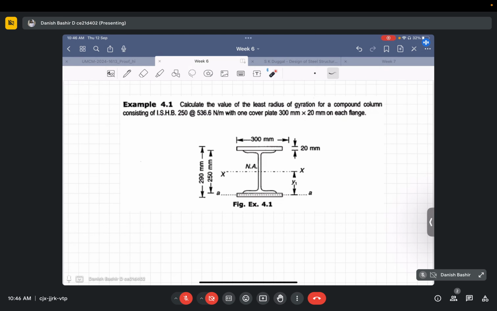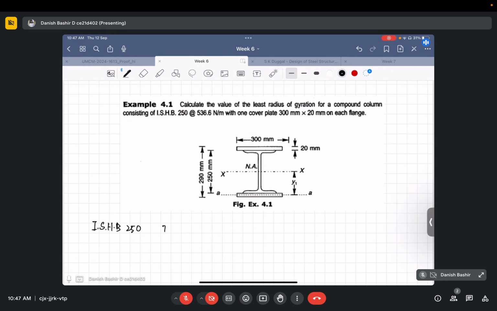So first of all, we will refer to this figure. Everything is shown in this figure. Then we will write different things. We have the ISHB section 250.